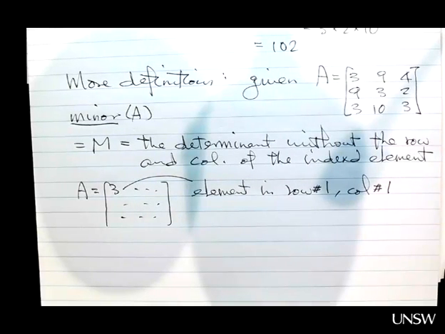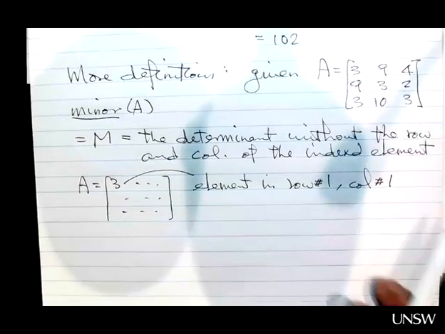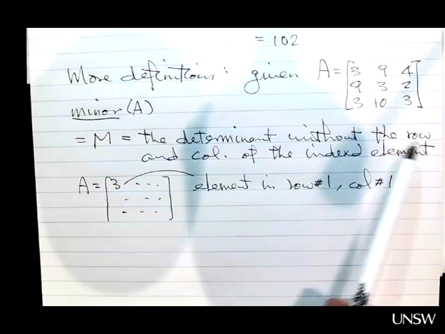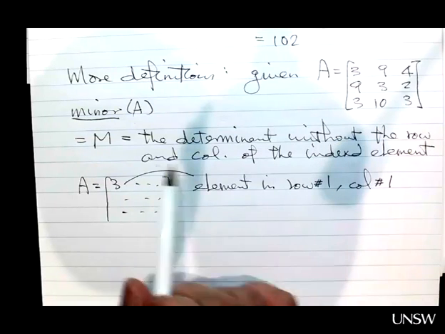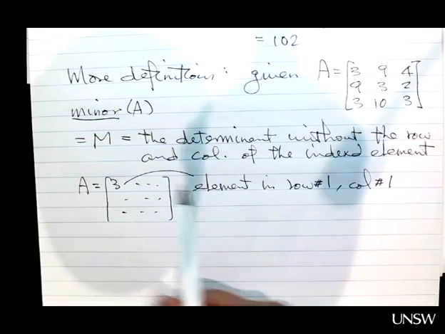Okay, agree? Then the determinant without the row and column of the index element.